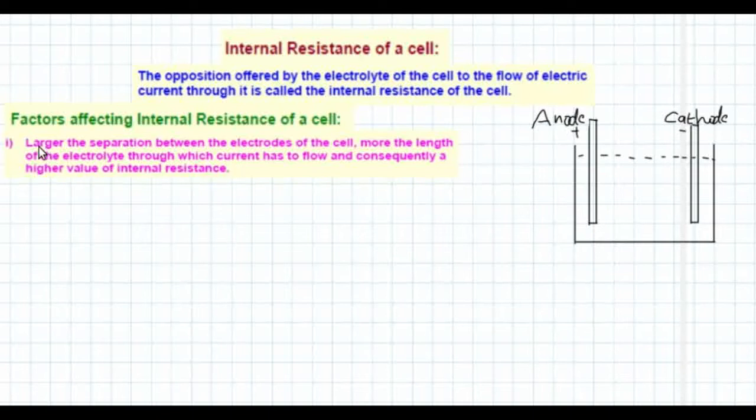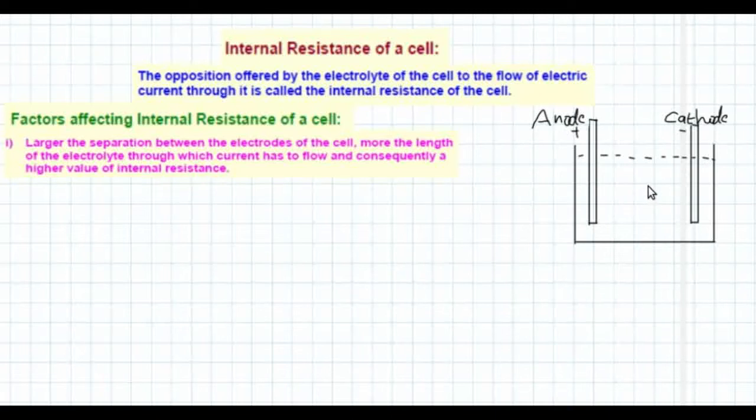Then what are the factors that affect the internal resistance of the cell? The first one is, the larger the separation between the electrodes of the cell, the more the length of the electrolyte through which the current has to flow, and consequently a higher value of internal resistance. In short, the larger the distance between the electrodes, the larger the internal resistance.